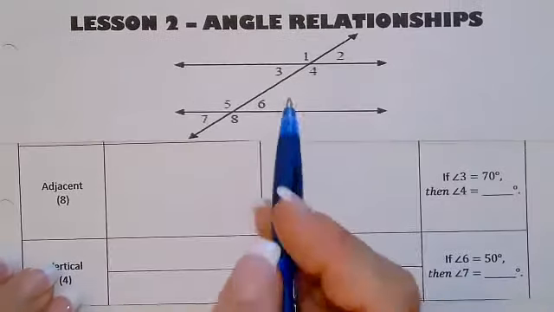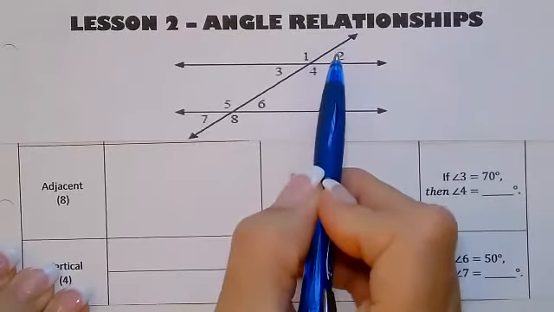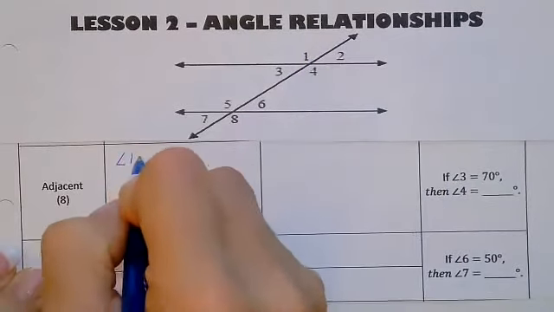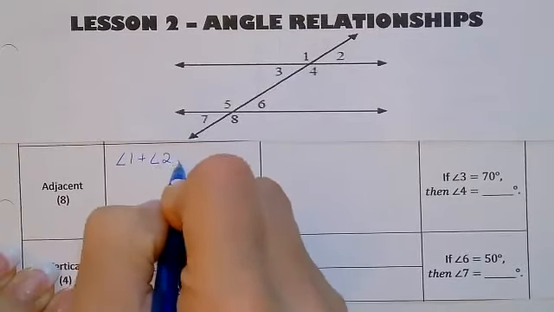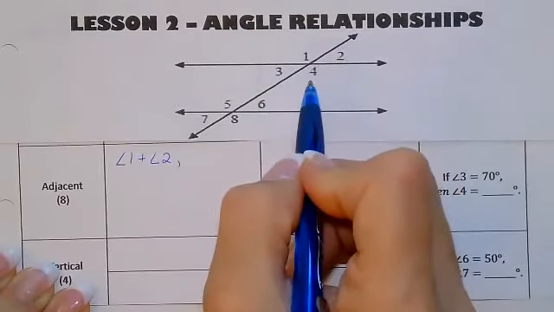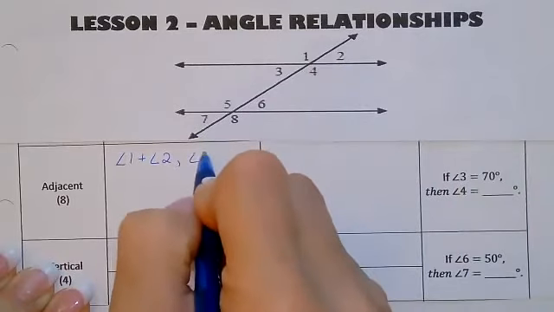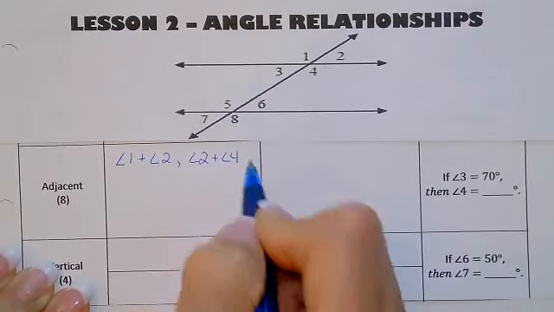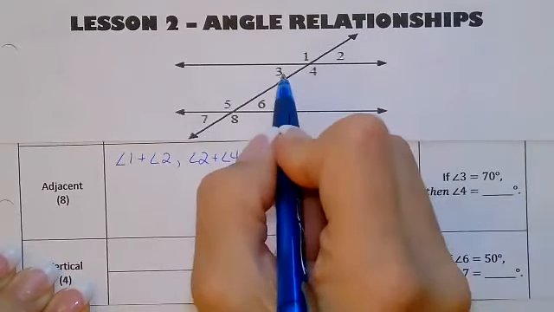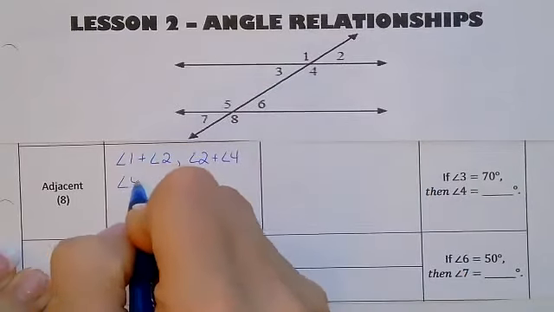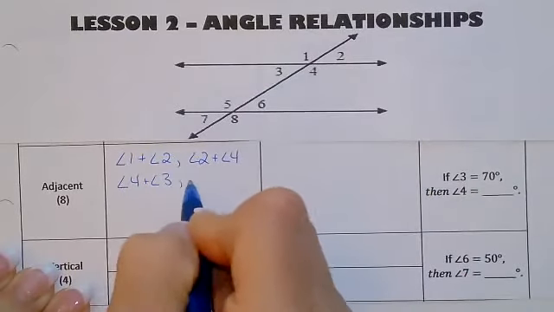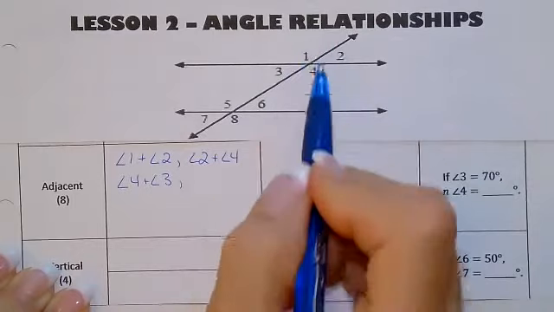So let's write those pairs out. I'm going to start with 1 and 2. Angle 2 and 4. Angle 4 and angle 3. Angle 3 and angle 1.